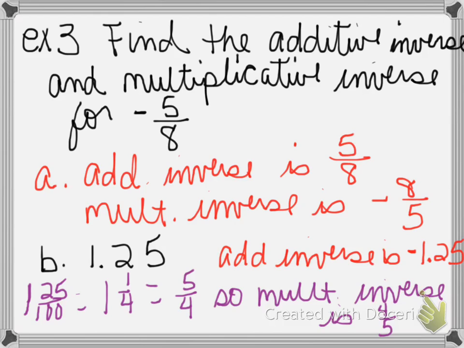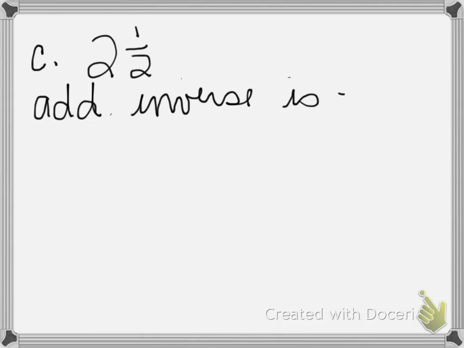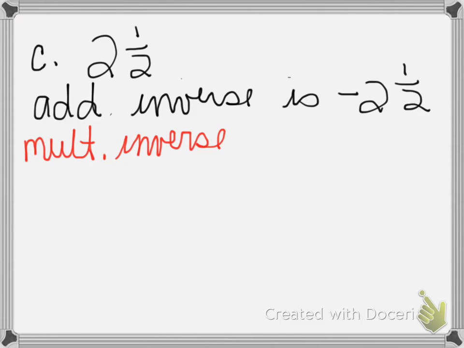So you might see it that way, and you might see it as 1 over 1.25. For 2.5, the additive inverse is negative 2.5. For the multiplicative inverse, I first put it into an improper fraction, which is 5 over 2, and the multiplicative inverse of 5 over 2 is 2 over 5.